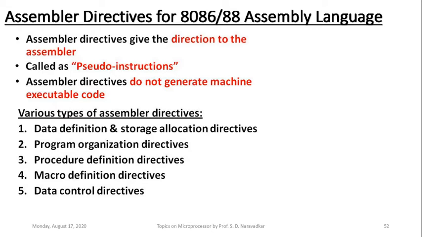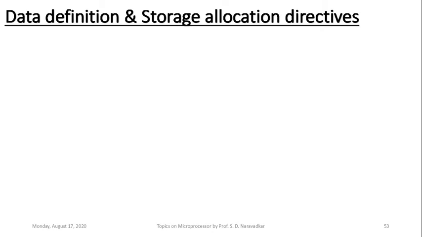One by one we will see the details of each of these assembler directives. So let us start with the data definition and storage allocation directives.